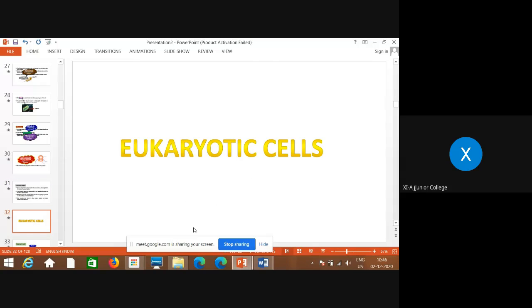Now, if you have understood, these are some of the basic, common, generally observed organelles present in the prokaryotic cell. And the remaining organelles, which are common in both prokaryotic and eukaryotic cells, we will be discussing in the eukaryotic cell. Here also, we will start with just some general points about eukaryotic cells.